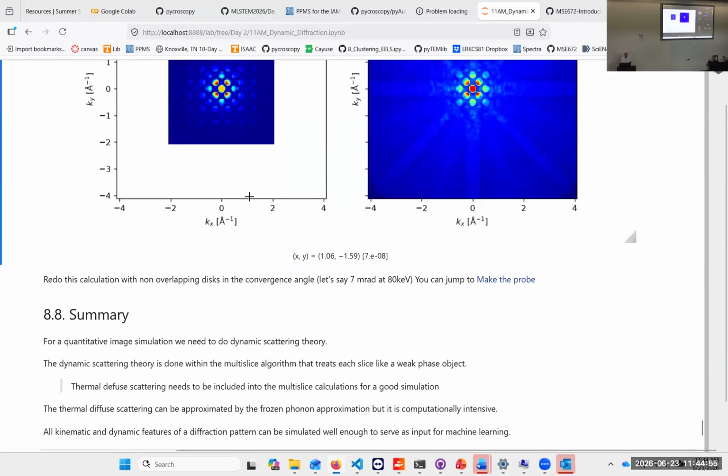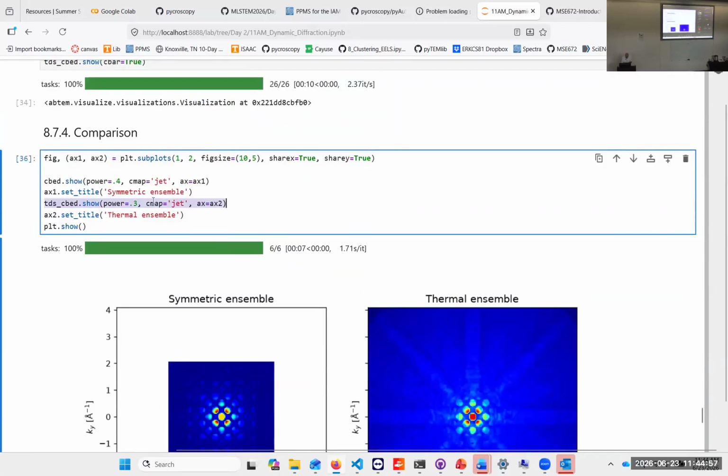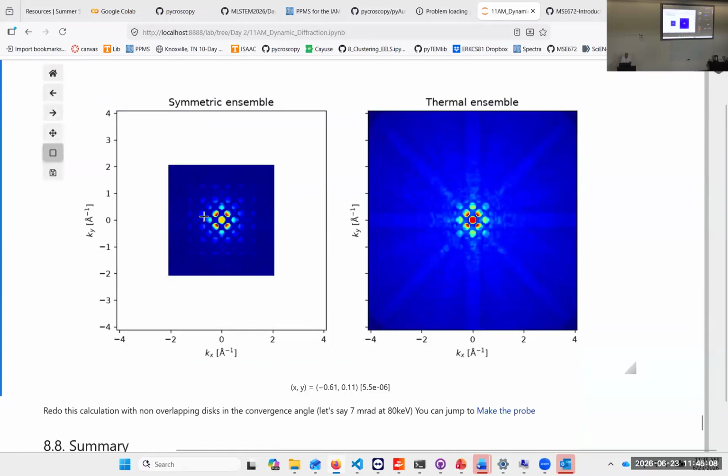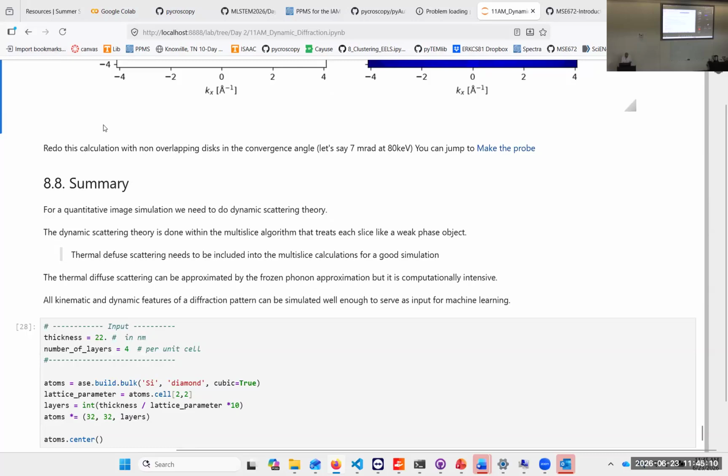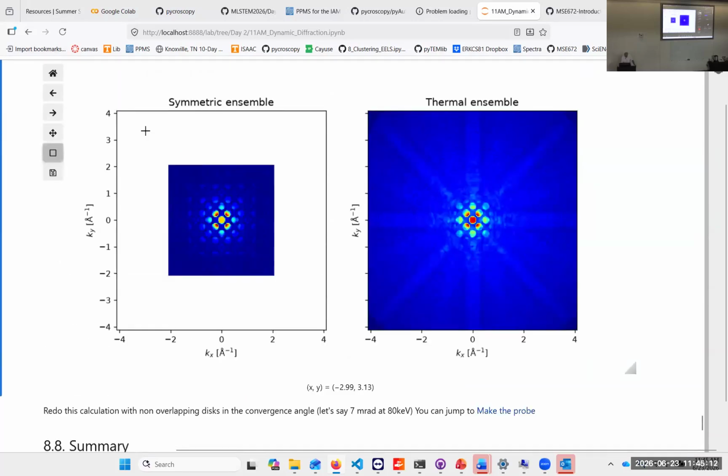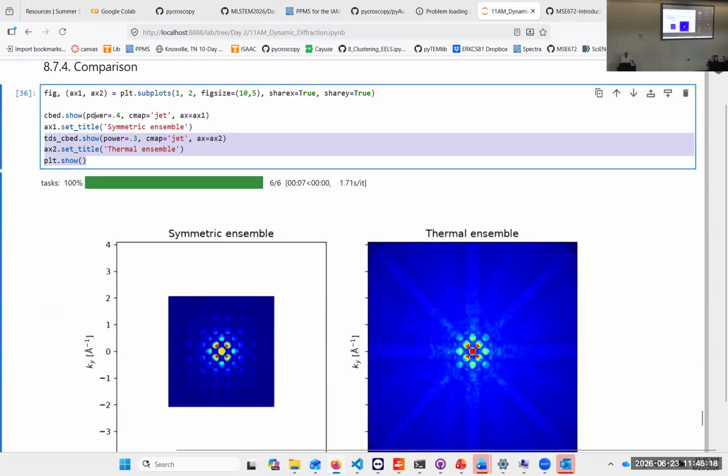Let's look at this one. I think I just want to look only at this one thing here. 45, a little bit of time.